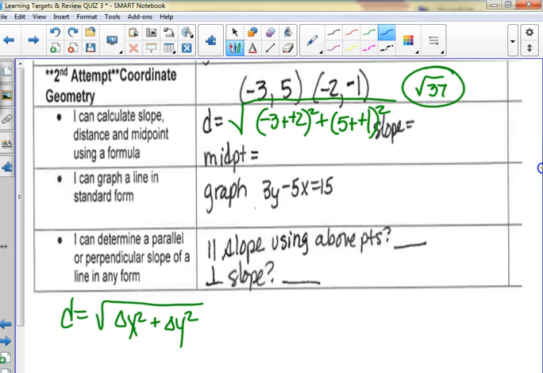Okay, what about midpoint? Average the x's, average the y's. And you're not going to be like my directed study kids did and just type this in as -3 plus -2 divided by 2, right?